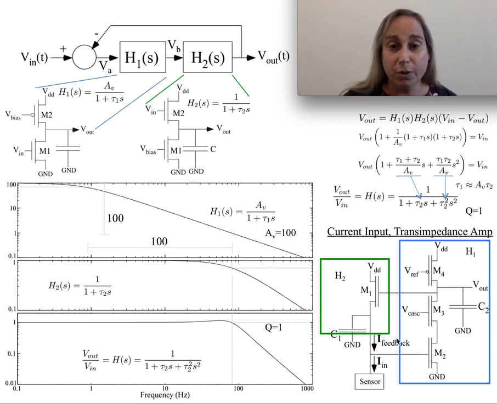What gets more interesting in a circuit like this is the time constant of H1 may be set, okay, but the time constant of H2 is not set because it's entirely dependent on what the input current is. And so for an imager, that can be orders of magnitude in size.